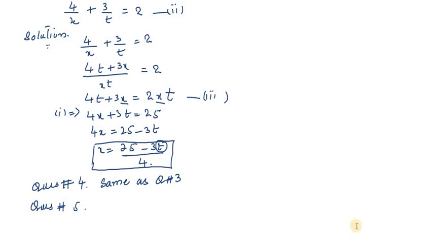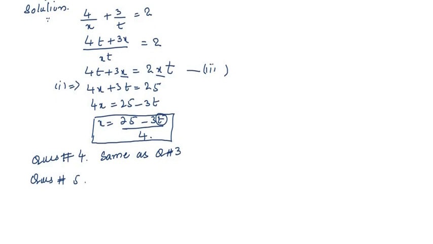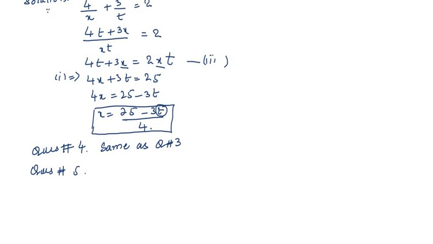In question number 5 we have two variables, both variables are quadratic. So equation number 1 is 8y square minus z square plus 9 is equal to 0, and the other equation is 3y square plus z square minus 31 is equal to 0.